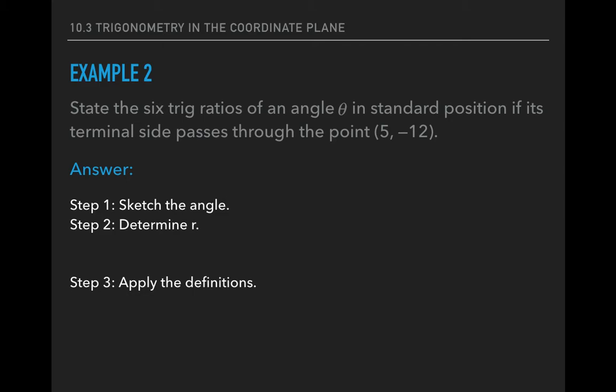So here's what I want you to do. I want you to sketch that point 5, -12, and then draw a ray going through it. Take a moment to do that. Sketch the point 5, -12 in your coordinate plane, and just a rough sketch will do.